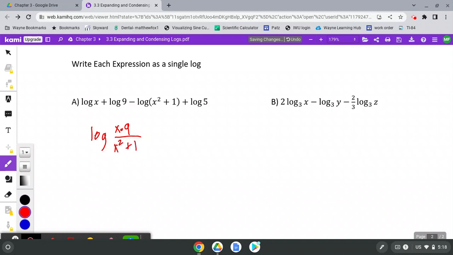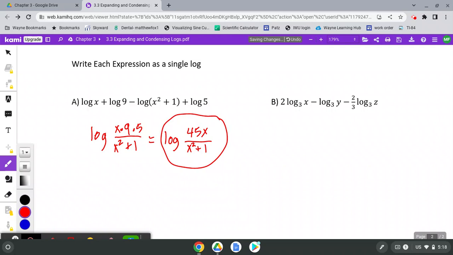And then if we think about it, it's also times that 5. Now that's not as simple as we can go. We can condense it a little further. So let's go ahead and rewrite that as log of 45x all over x squared plus 1. And this would be our final answer.